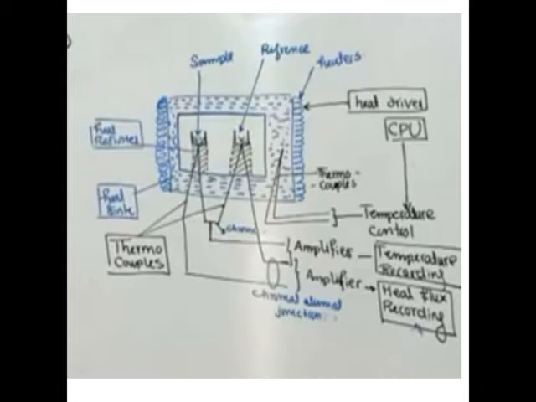Now we are moving to the next part, that is the instrumentation of the differential scanning calorimeter. In a differential scanning calorimeter, we measure the difference between the reference and the sample material, provided we are providing a similar kind of atmosphere and similar kind of temperature.